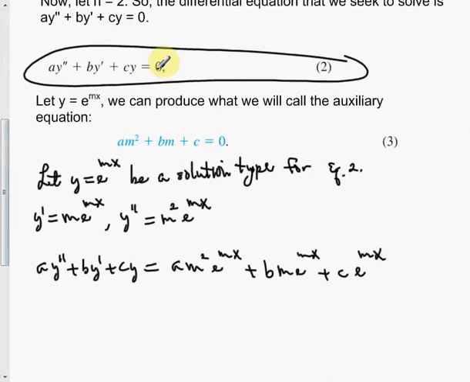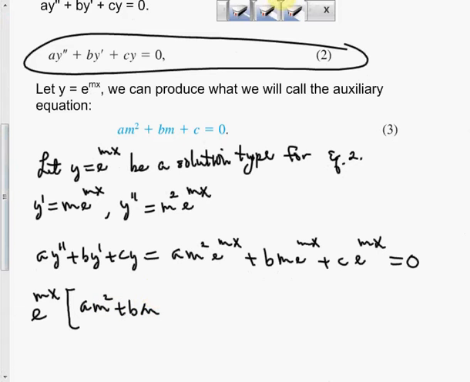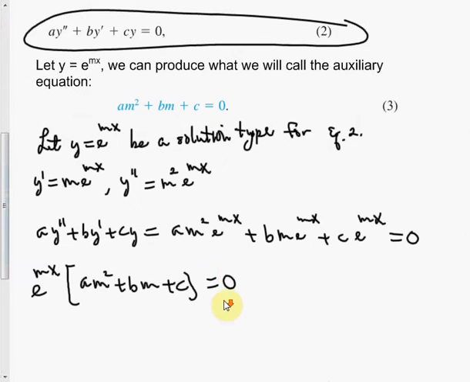Well, this is set equal to 0 from equation number 2. We're solving the homogeneous differential equation. Notice that I have something common there. I have an e to the mx that is common. I factor out e to the mx times brackets a times m squared plus bm plus c is equal to 0.